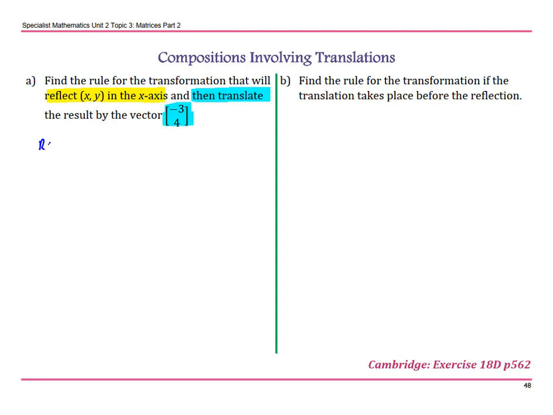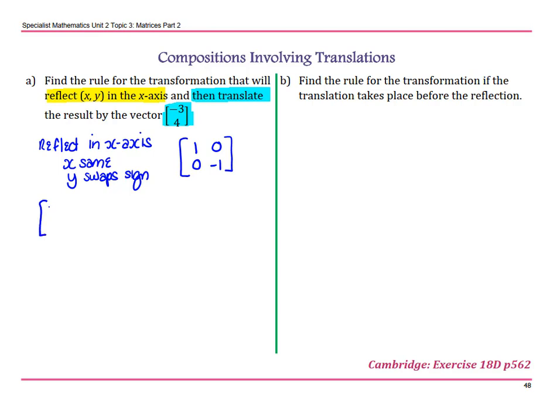So reflect in the x-axis. That means that our x is staying the same and y is swapping signs. So our matrix is [1, 0; 0, -1].